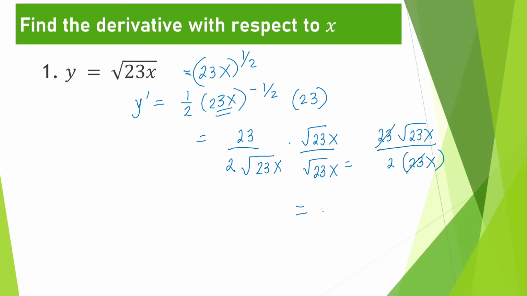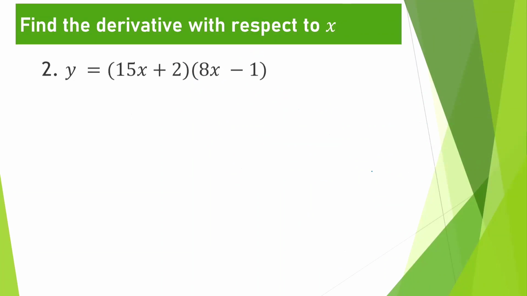So our final answer for y prime is the square root of 23x all over 2. Sorry, an extra x got in there. Okay, so that's it. This is our final answer. Let's go to number 2.